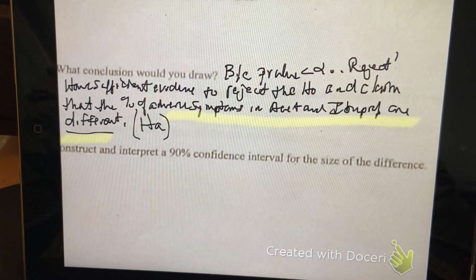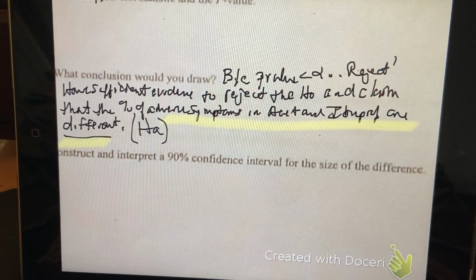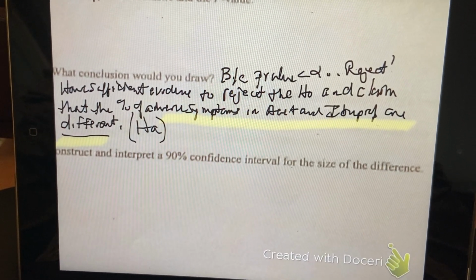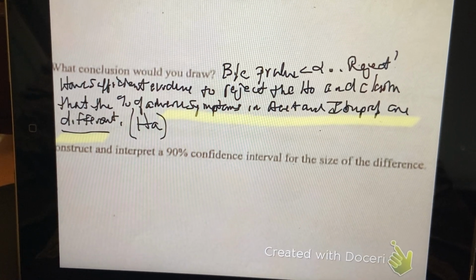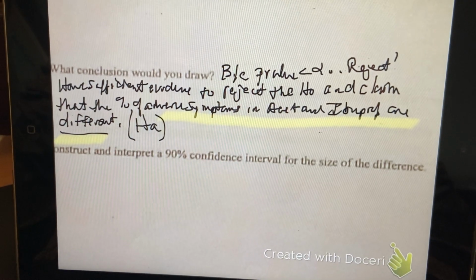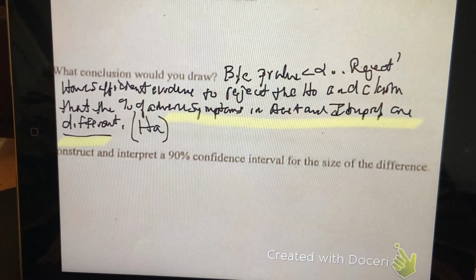That's what I'm claiming. Okay, I'm not saying it's true, I'm just rejecting and stating that we do have enough evidence to indeed say they are different. Okay? All right, the last part is constructing a confidence interval.